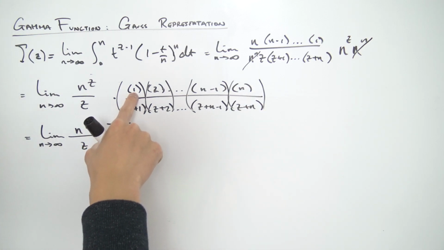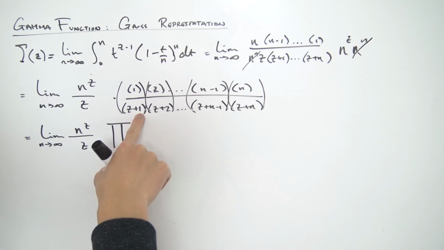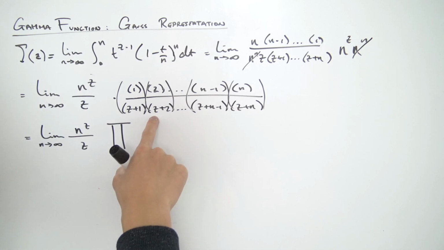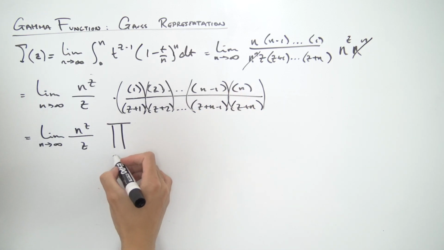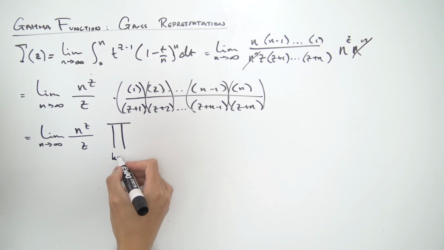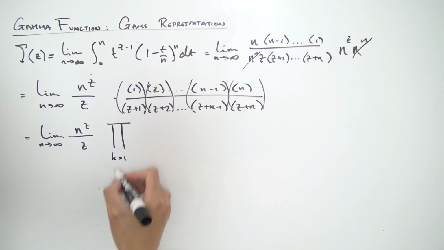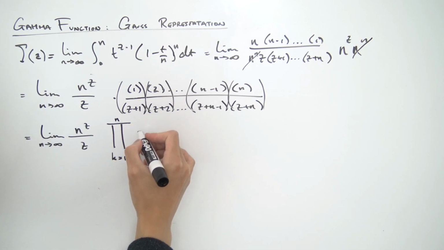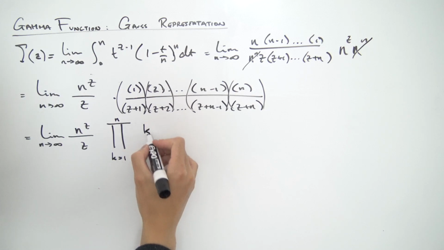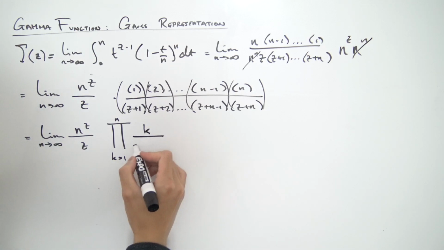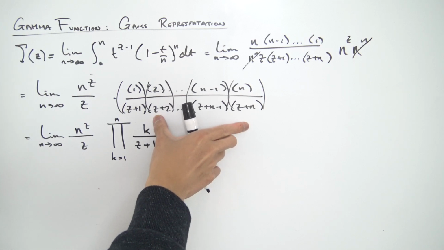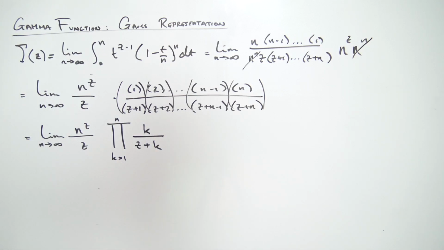We have some number over z plus the same number, and then we count up, so 1 plus 1 is 2, so we get 2 over z plus 2, and then so on. So let's choose an index, let's call it k, and k is going to start from 1 and end at n, and on the inside of this product we have the k value divided by z plus the k value. And this is basically it. So this whole big fraction, we can collapse it down into a single product.